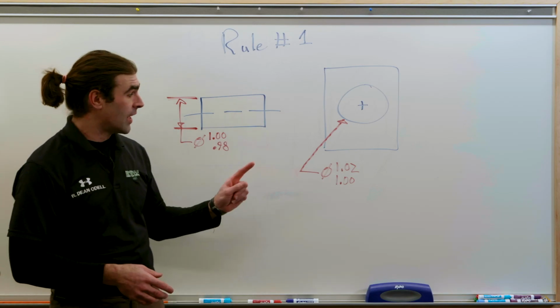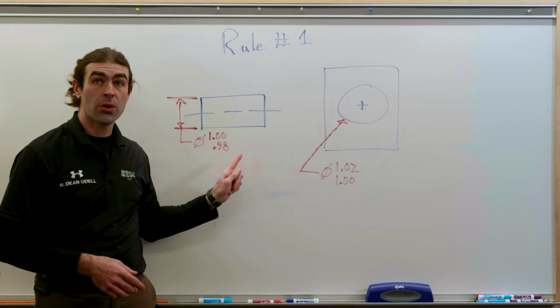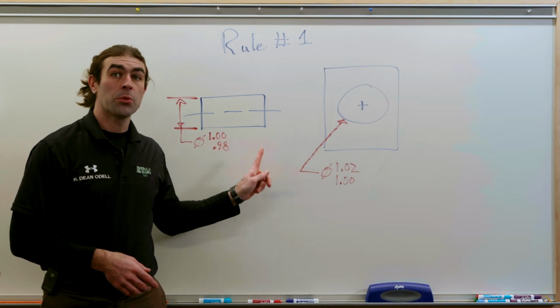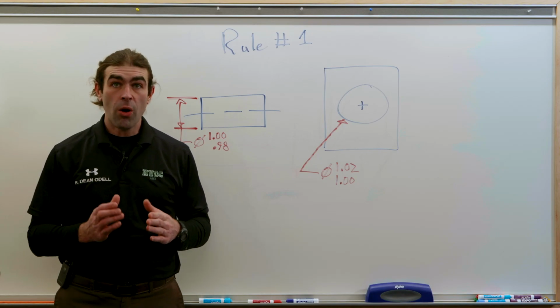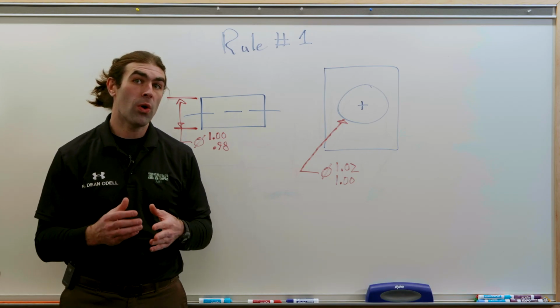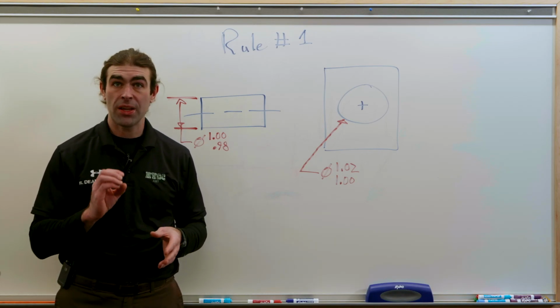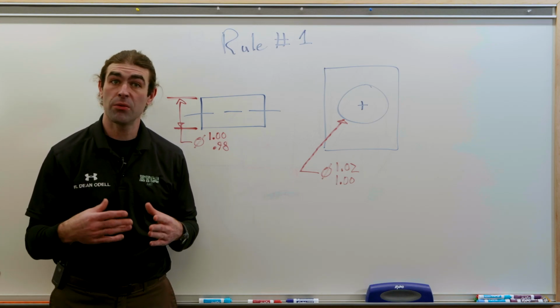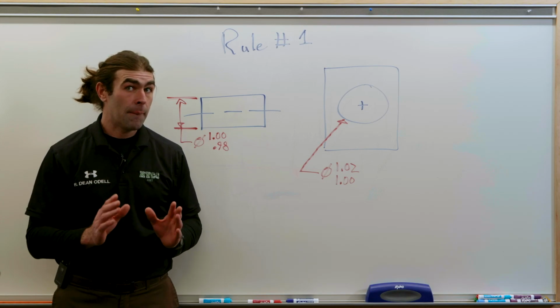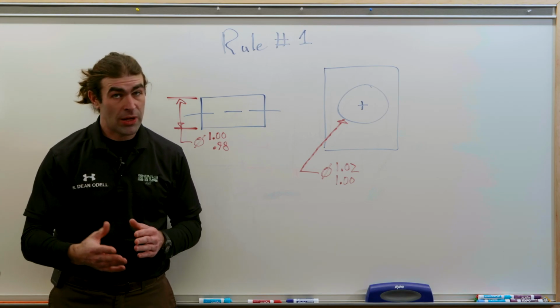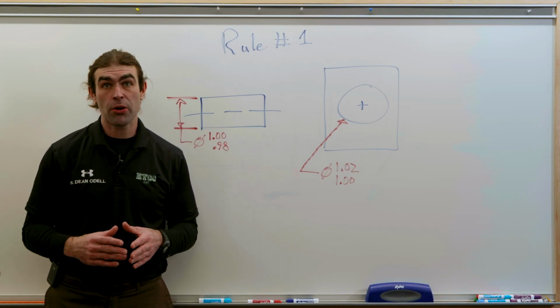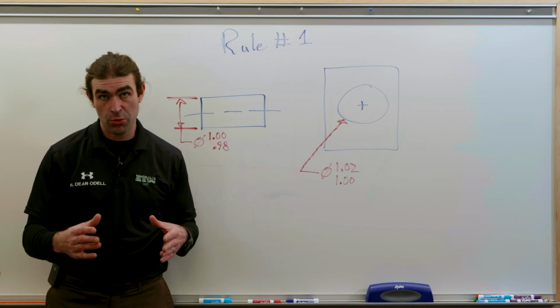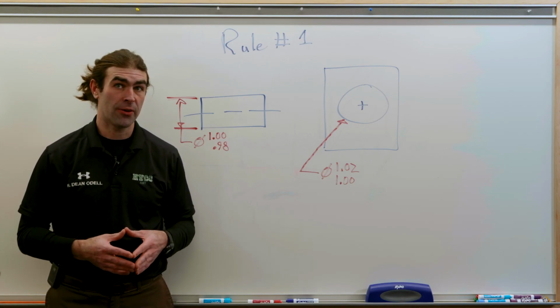So if we wanted to check this pin and make sure that it did not violate rule number 1, we would need a hole that is exactly 1 inch in diameter. If the pin fits through the hole, we know it has not violated rule number 1. Now, where it gets tricky is, as we've talked, you can't make anything perfect. So you have to use what are known as gauge maker's tolerances.